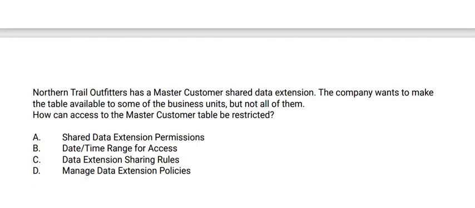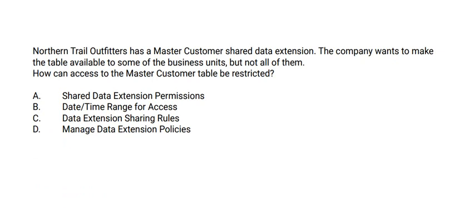Next question is, Northern Trail Outfitters has a master customer shared data extension. The company wants to make the table available to some of the business units but not all of them. How can access to the master customer table be restricted?